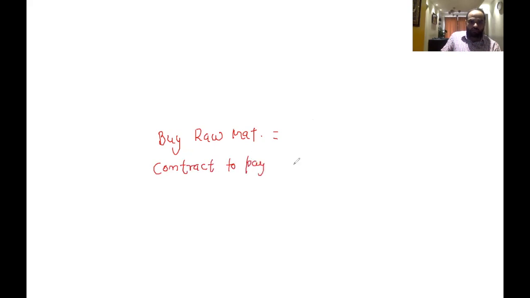So, for example, you are buying a raw material from the US, and you sign a contract to pay the money after 90 days, after 3 months.